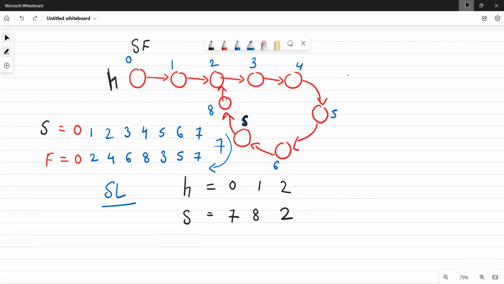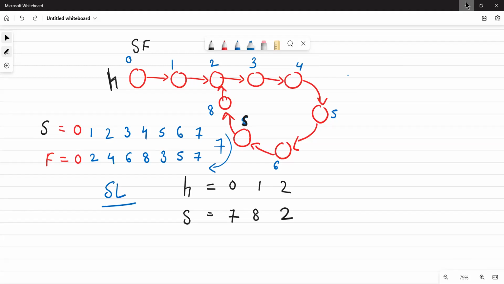Sorry, Vishnu, I'm not getting you. I'm thinking that if the head is moving one by one and there's a difference between the slow and the head by 2, they will never meet.